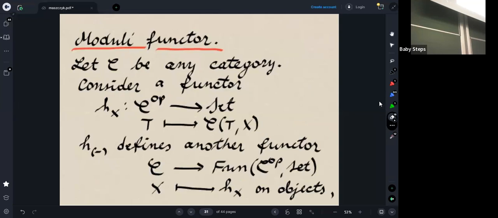This is called the moduli functor. And it makes sense in much bigger generality.